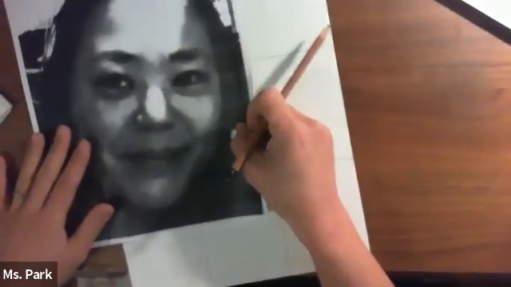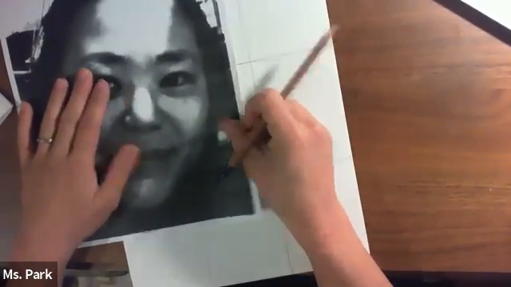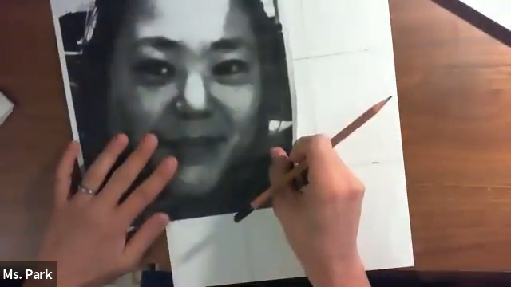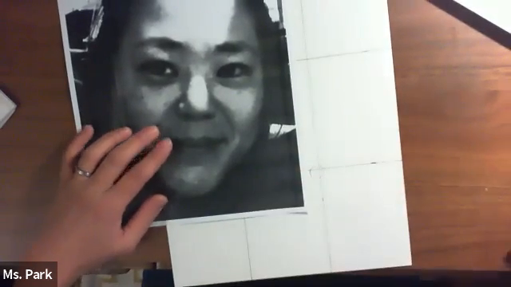I think what is going to be interesting to me is to have this eye land at this point of intersection. So what it really ends up being is something like this.